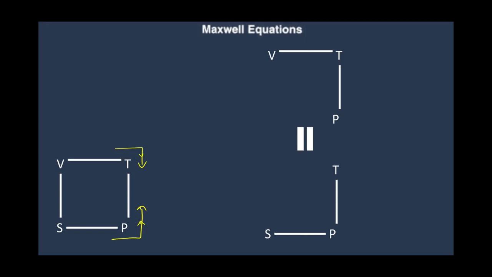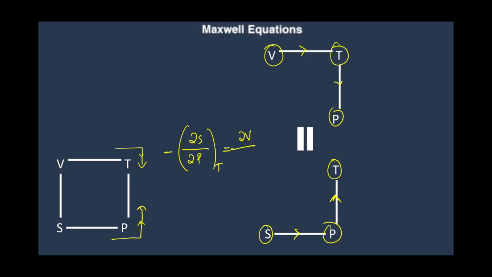So let's start from S. That is dou S by dou P at constant temperature, and since we are going up it is negative, which is equal to dou V by dou T at constant pressure.